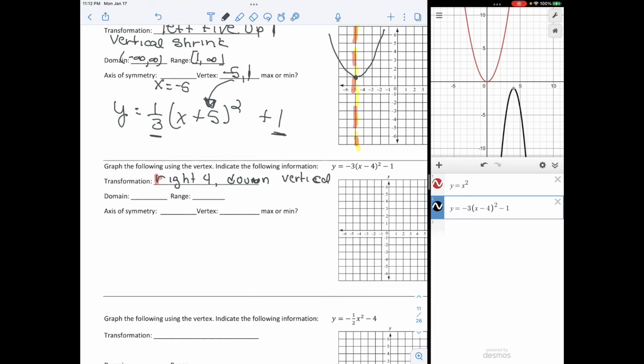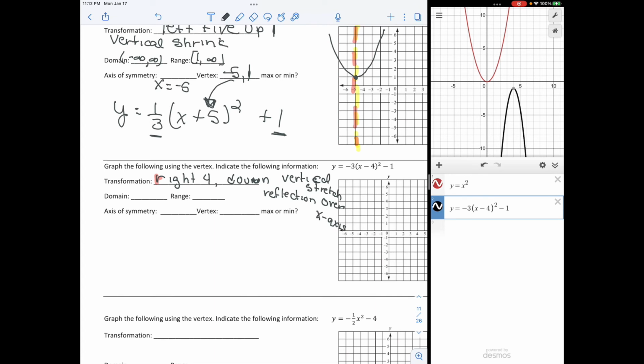It's going to be a little bit skinnier than the original. But something else happened. What else happened? It flipped upside down. So we call that a reflection over the x-axis.